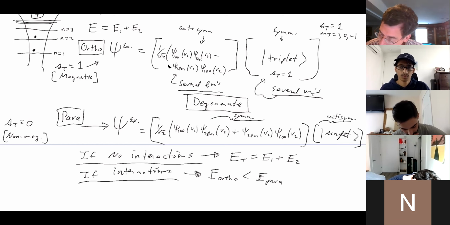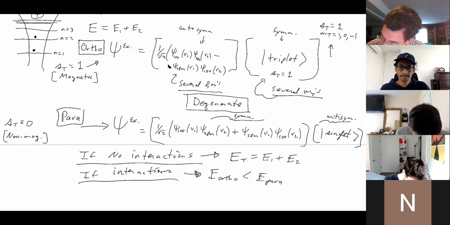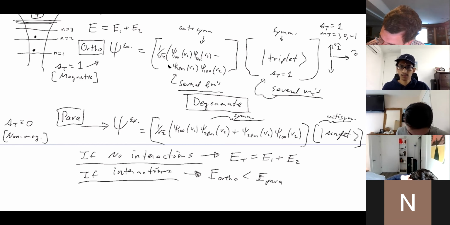But what does that mean? You have these 3 states, M total equals 1, 0, -1.